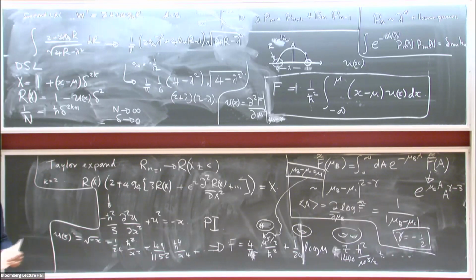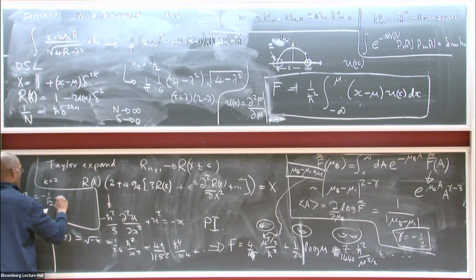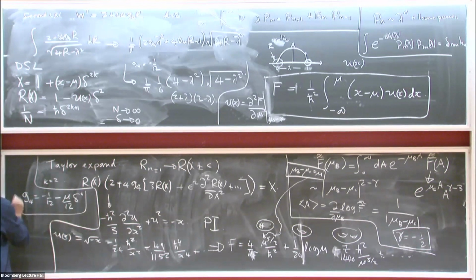So if you work through the algebra more carefully, what you'll see is that you can trade in the mu here for G4 being -1/12 plus a scaled bit, and it's minus mu over 12, times delta to the 4th.